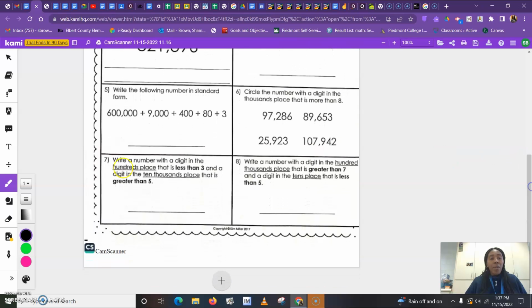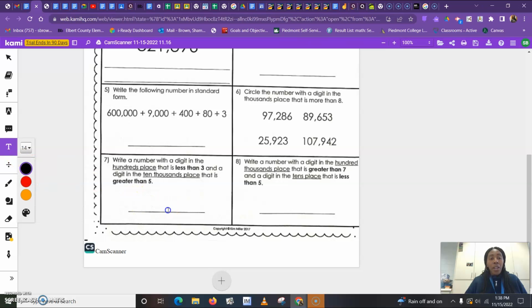Number 7, write a number with a digit in the hundreds place that is less than 3 and a digit in the 10,000s place that is greater than 5. So you're writing your own number here. So you need a digit in the hundreds place that's less than 3. So if I wanted to do that, I'm just going to make up my own number. You can't use the same one I used though.